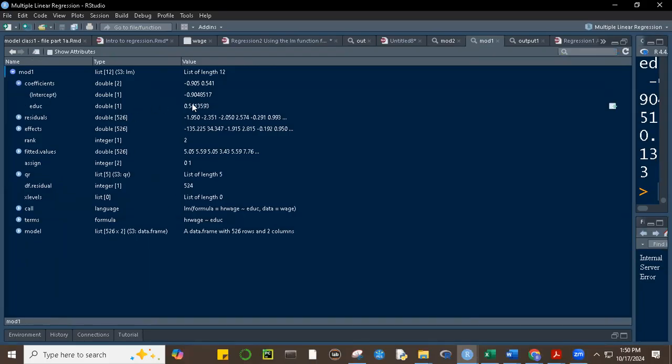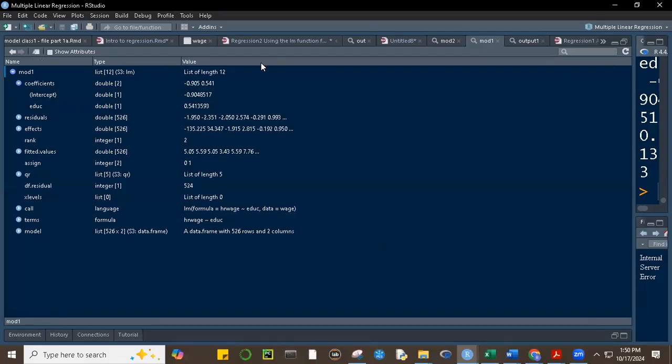Our coefficients are what? Intercept and education, right? Intercept and slope.